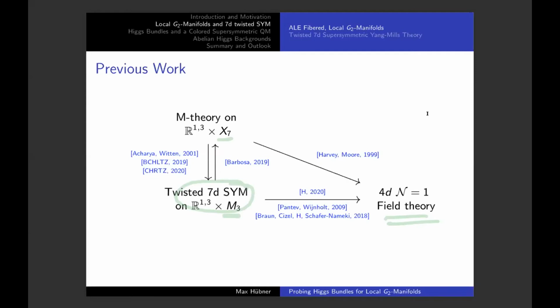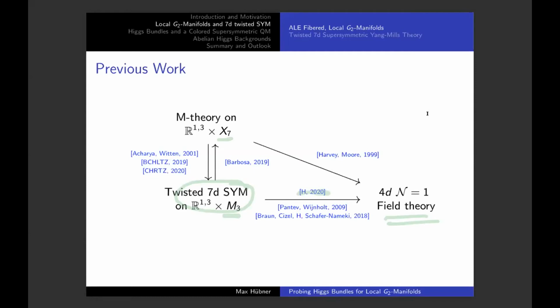spectral cover. Subsequently, Andreas, Sebastian, myself, and Sakura extended this setup to a more general configuration. But it remained unclear how to handle more general geometries and how to approach higher point interactions in this formalism. And this is exactly what the research I'm presenting today is about.